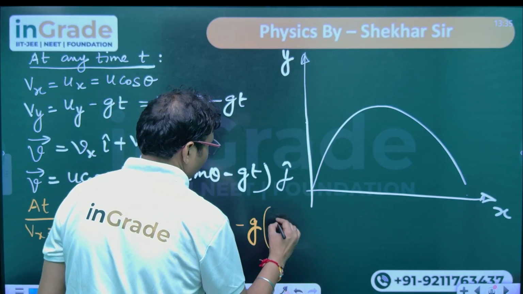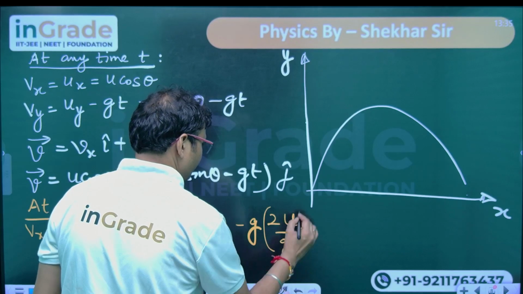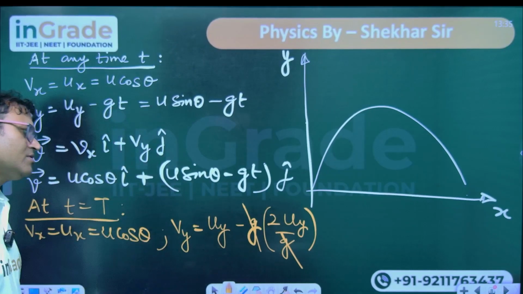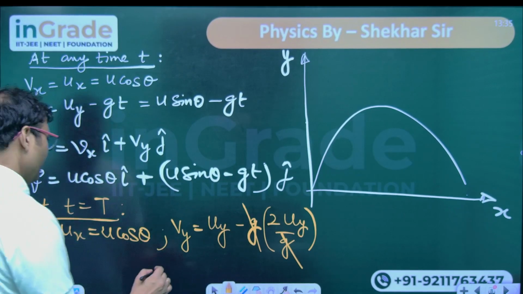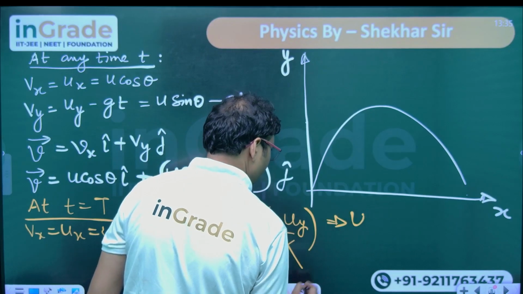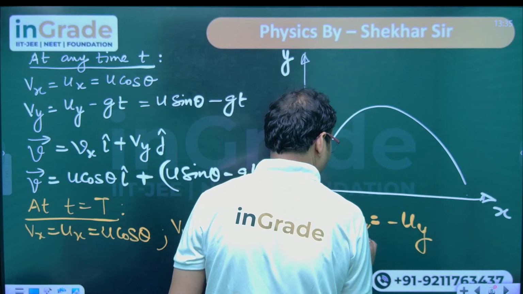What is the time of flight? 2 Uy by g, isn't it? That is the time of flight. g gets cancelled out, so Uy minus 2 Uy. So from here we can say Vy is equal to minus Uy, isn't it?